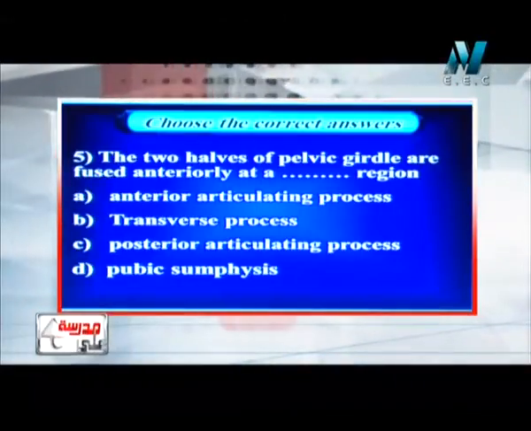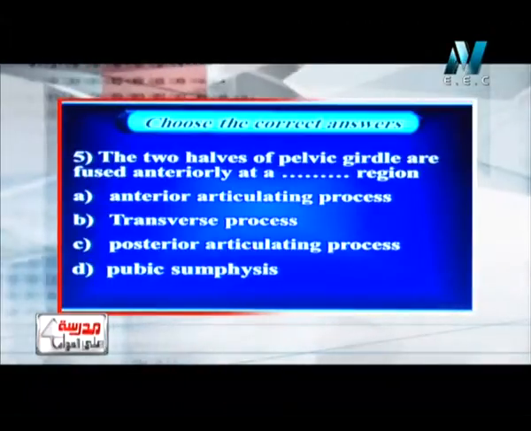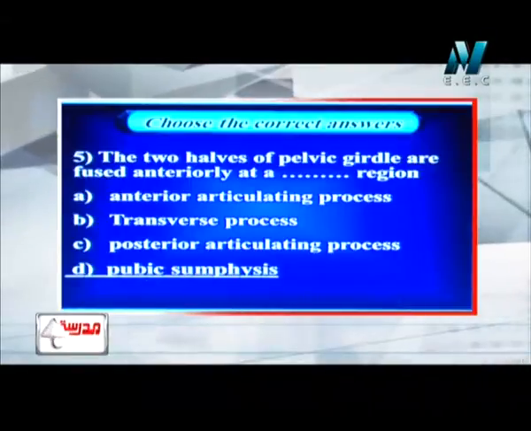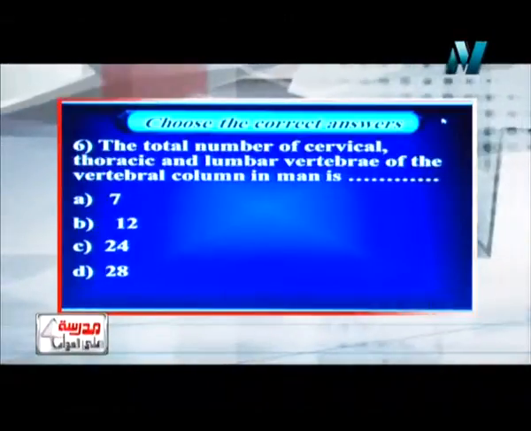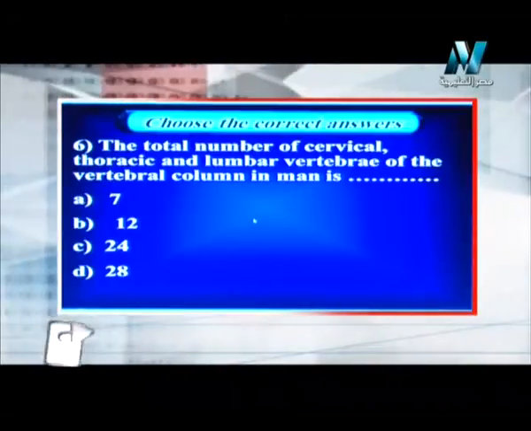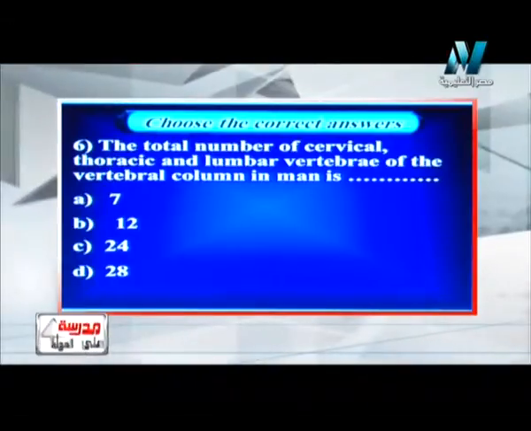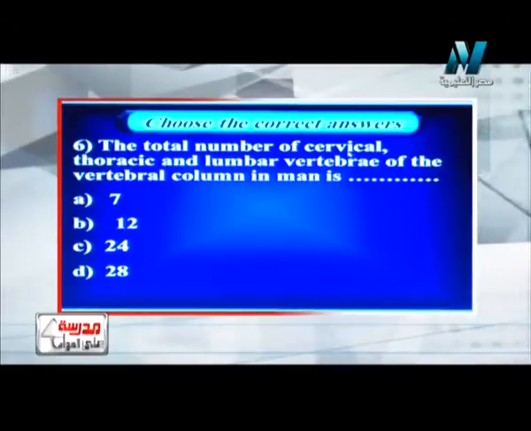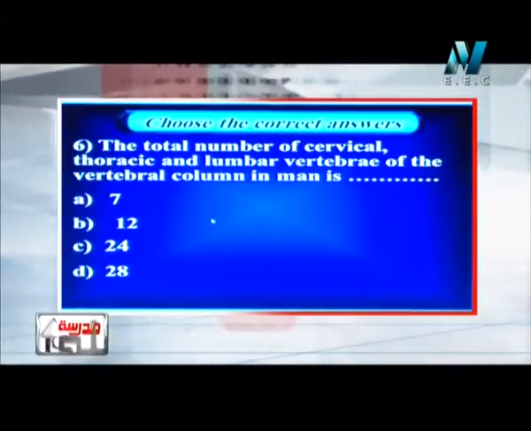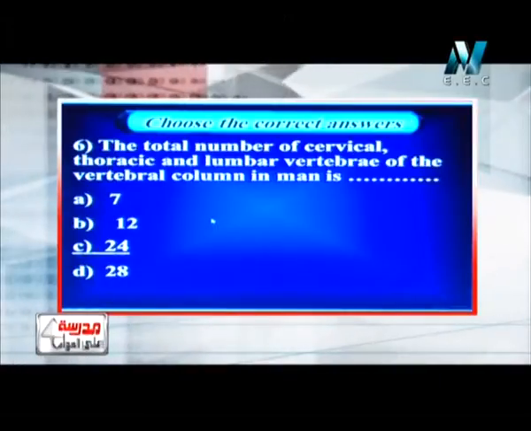The region where the two halves of the pelvic girdle are fused is called the pubic symphysis. The next: the total number of cervical, thoracic, and lumbar vertebrae of the vertebral column in man. Cervical 7, thoracic 12, lumbar 5, so the total is 24 vertebrae.